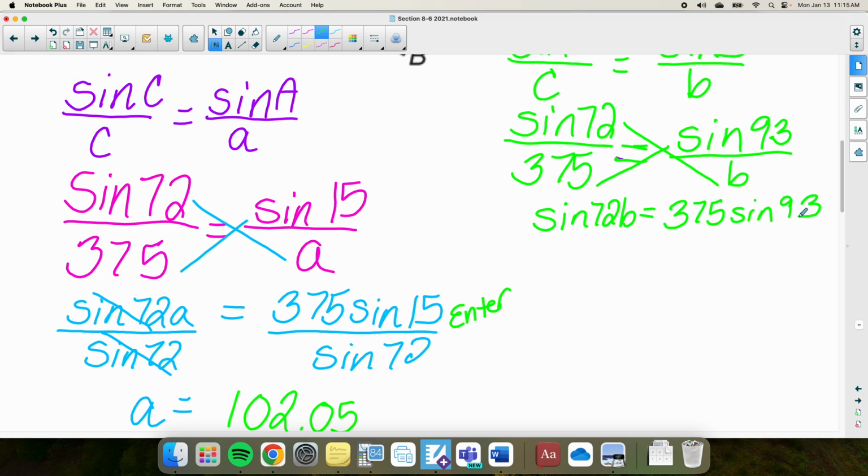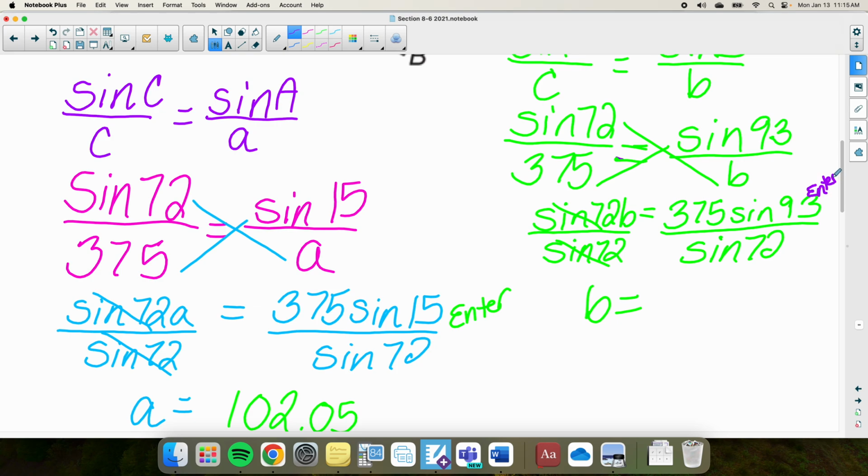Okay. Then what I'm going to do is solve for b. This is multiplied, so I'm going to divide by sine 72. Okay. And when I do this, I have to make sure to hit enter right here.